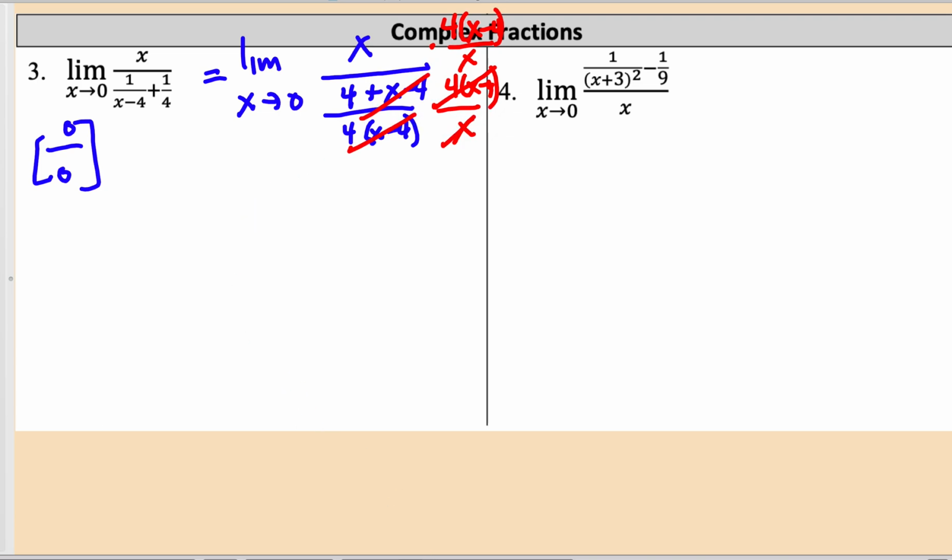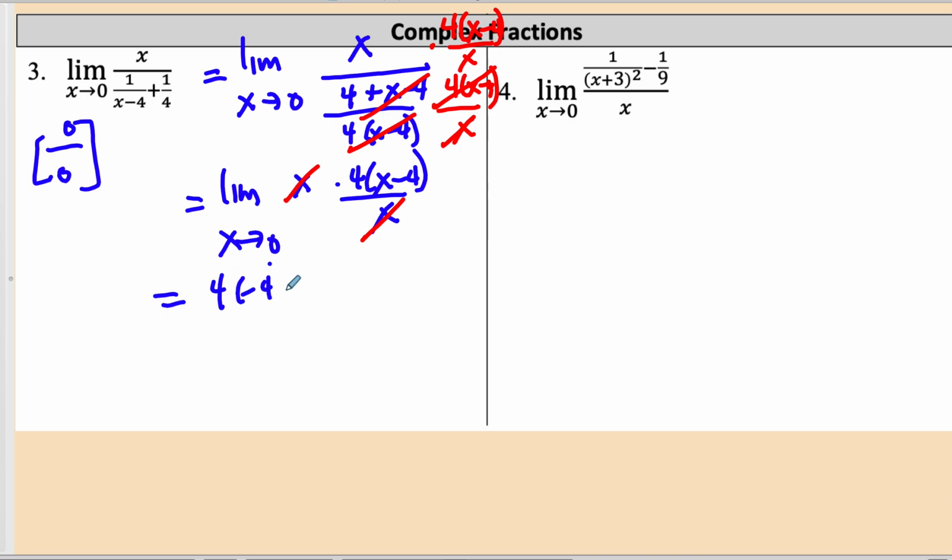And so now I have the limit as x approaches 0 of x times 4 times x minus 4 all over x, and I can reduce once again, filling in the hole, and then I can substitute 0, so this will be 4 times negative 4, which is negative 16, and that will be the limit.